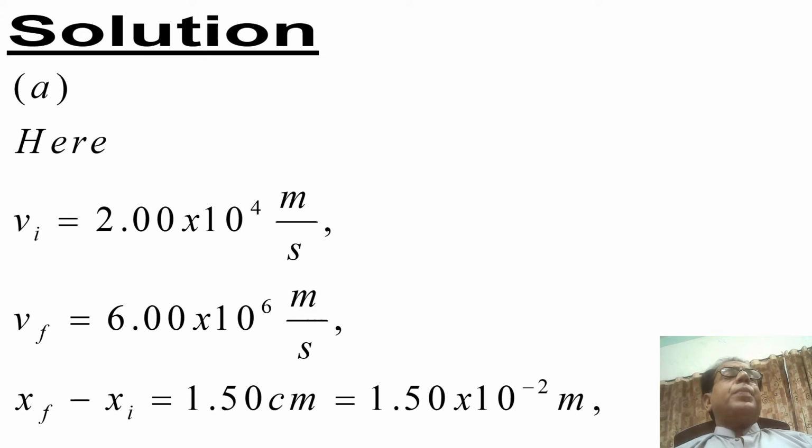Because we have used initial and final velocities by i and f, change in displacement is denoted by xf minus xi, equal to 1.50 centimeter, which is alternatively equal to 1.50 × 10^-2 meter.